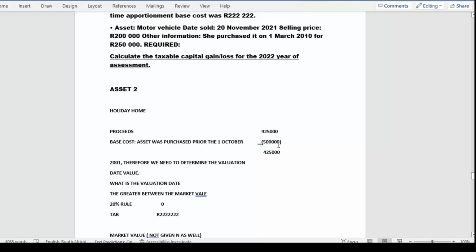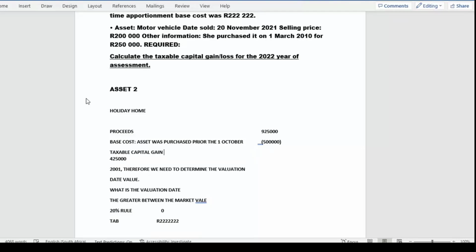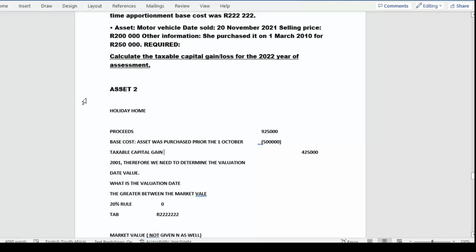So your taxable capital gain, it's 425,000, right? What do we do next?